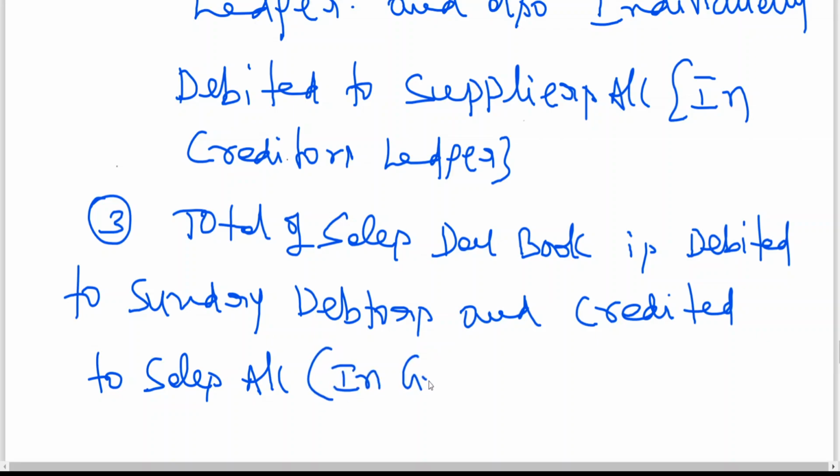In which ledger? The name of the ledger. The name of the ledger where you open various ledger accounts is called a general ledger.